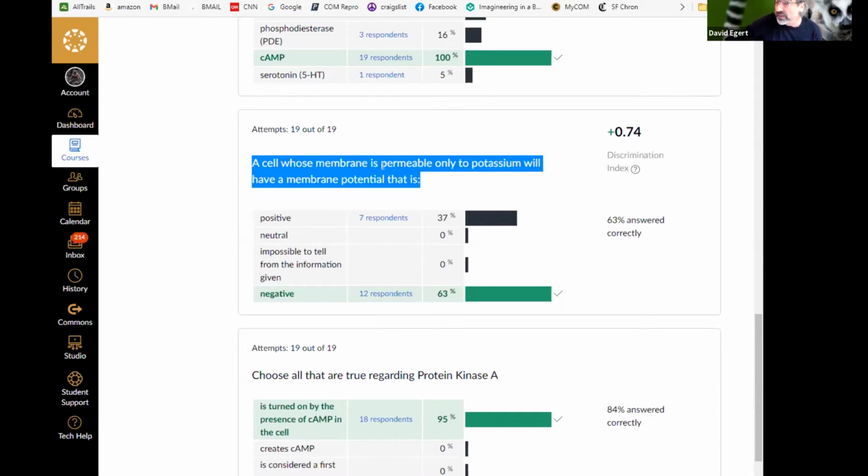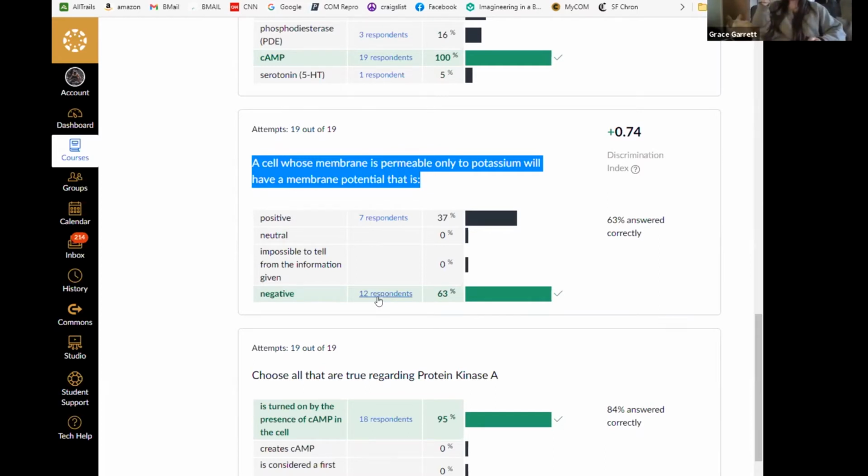And again, in general, is potassium higher in concentration inside or outside the cell? Inside. It's much higher inside. So if we open up potassium channels, if you just think about the diffusion gradient, which way is the potassium going to go? Out. It's going to leave, right?